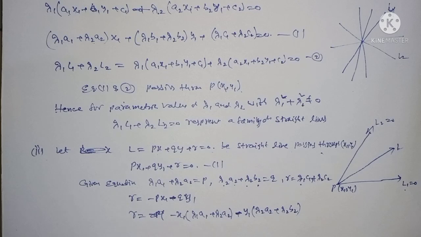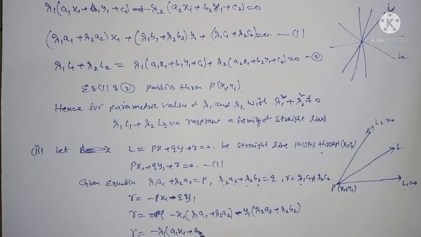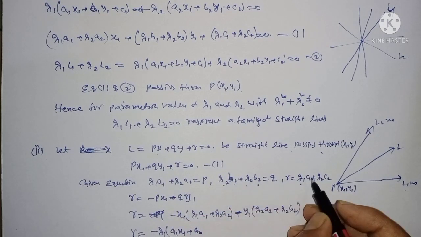This you are getting here. Okay. Therefore r is equal to, I can write once again, minus lambda 1 of a1 x1 plus b1 y1, with a1 a2, b1 b2, c1 c2.